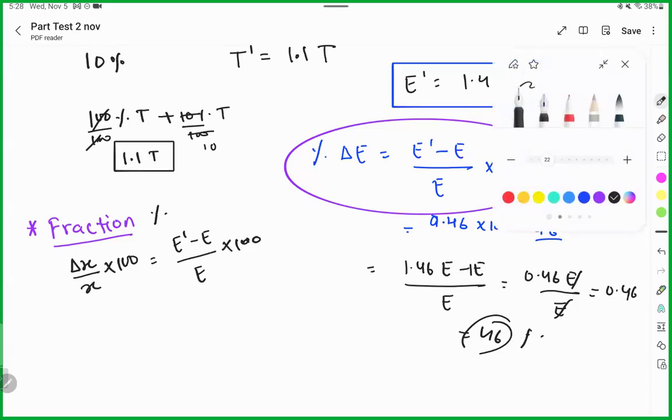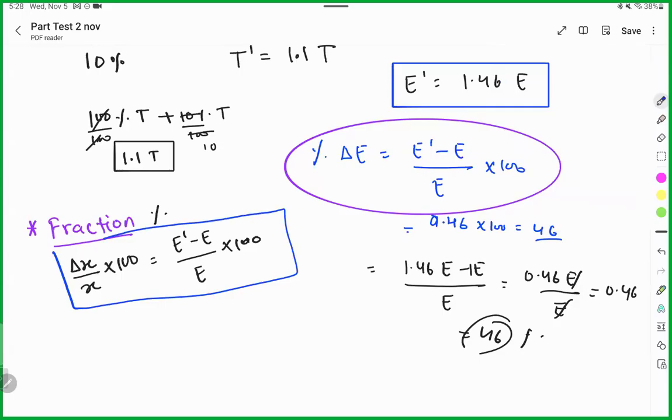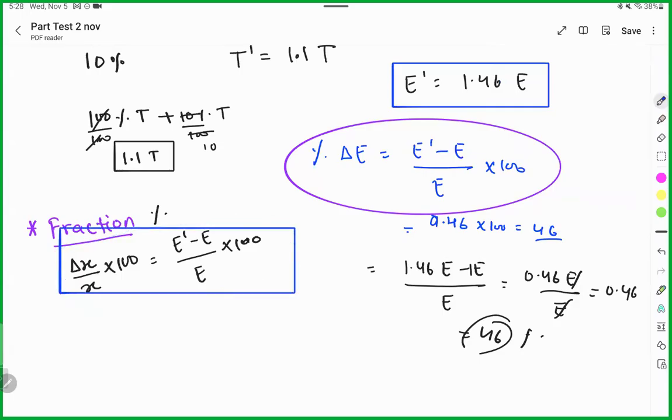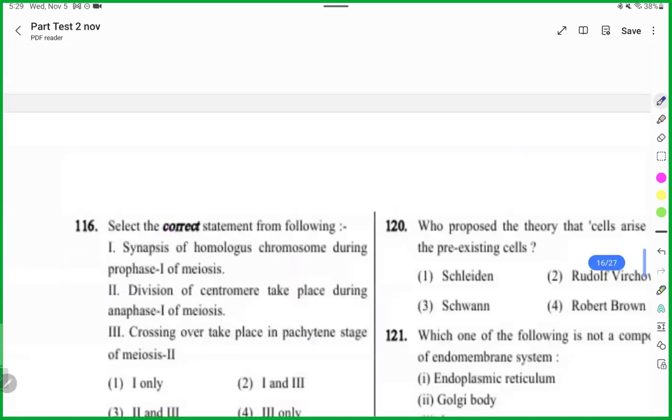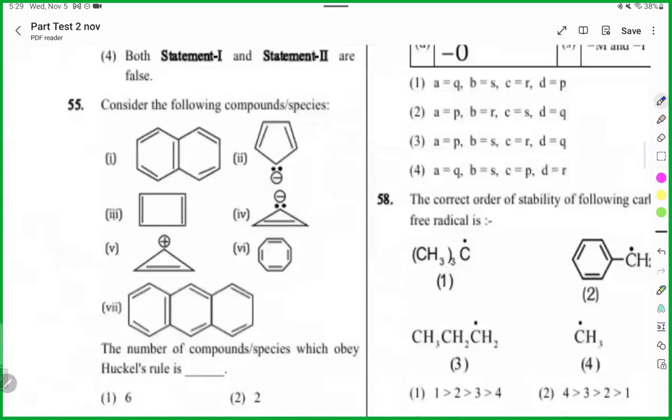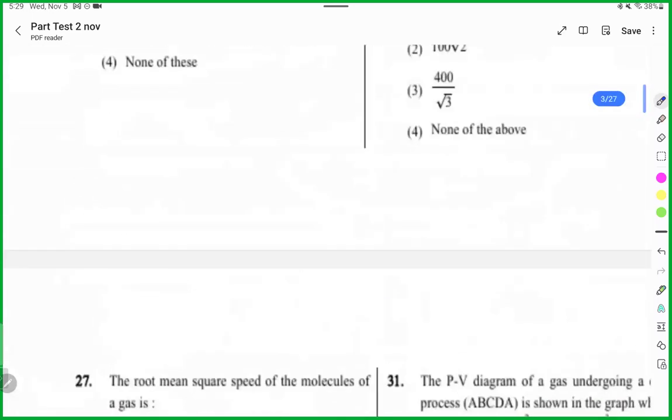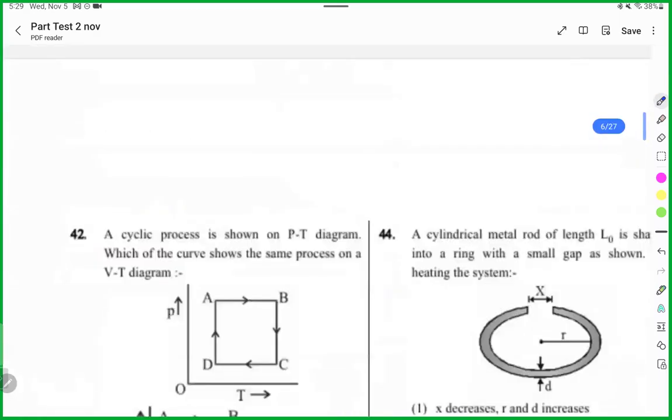So Sania and Chandana, you were right, but the formula is change in the value by original, correct? Yes sir. Any doubt? No sir. Anvita and Arpit? No sir.